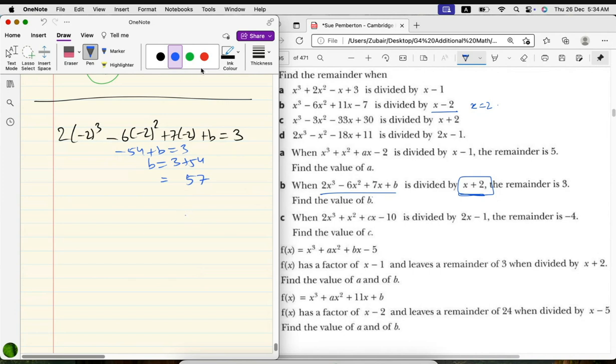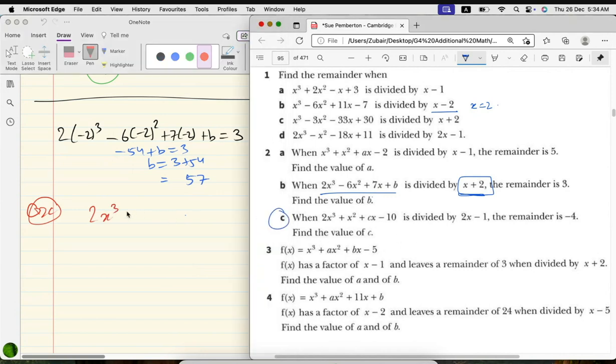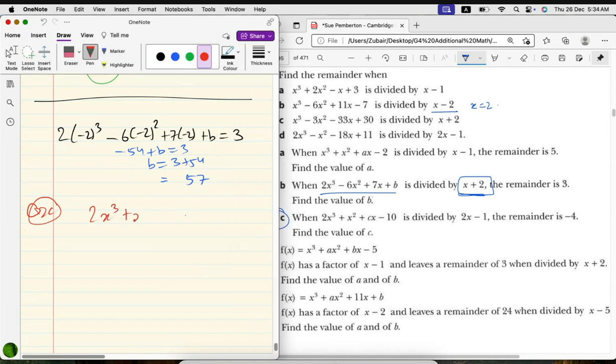Try C part. 2x cube plus x square plus cx minus 10. And when it is divided by 2x minus 1, the remainder is minus 4.